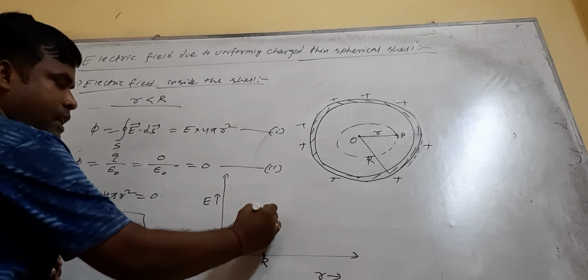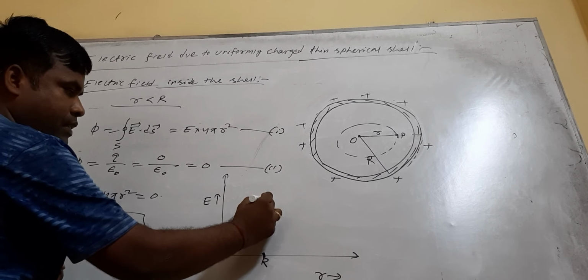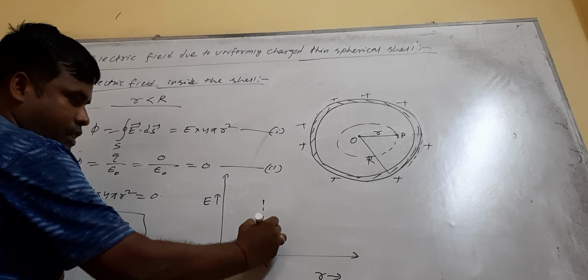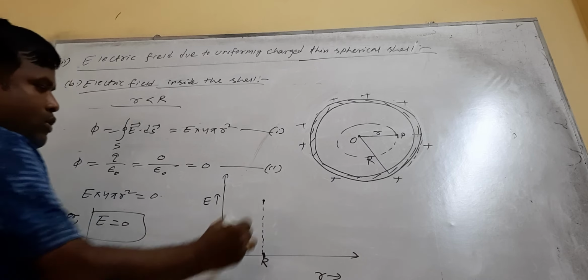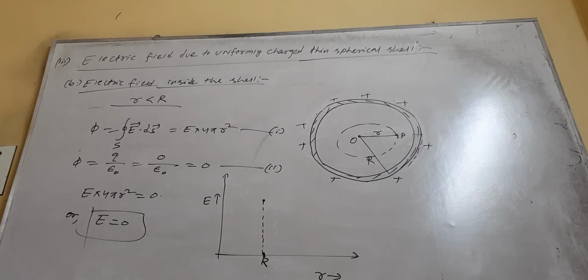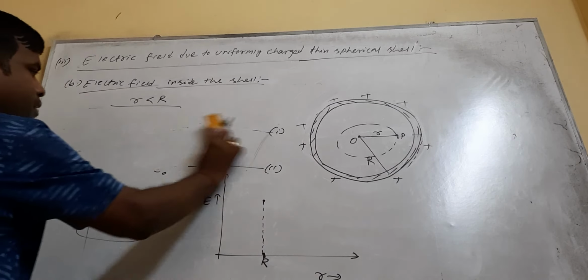But at capital R, on the surface, the electric field is E equal to sigma by epsilon 0, that is 1 by 4 pi epsilon 0 q by r square.